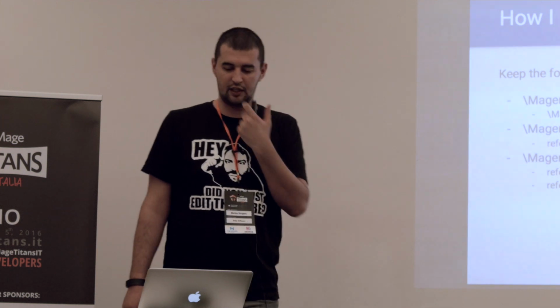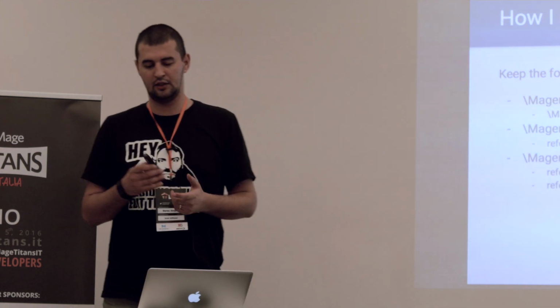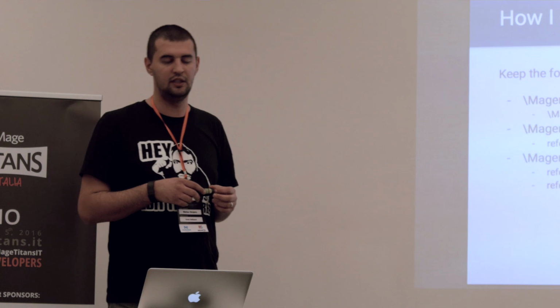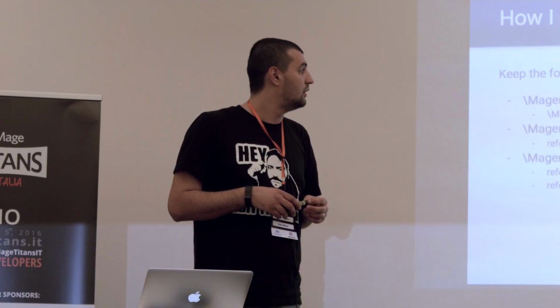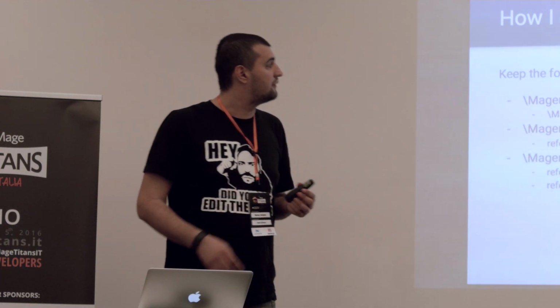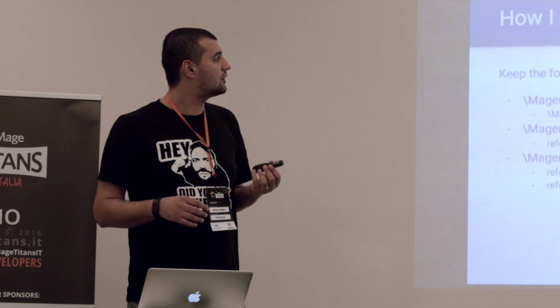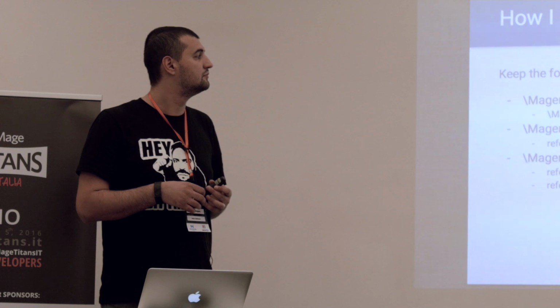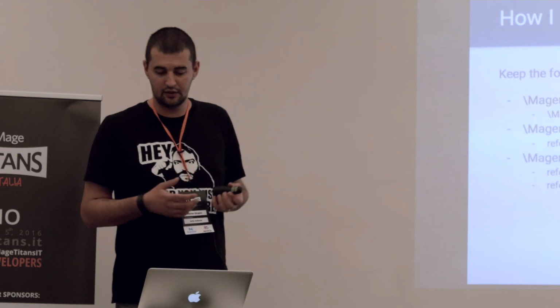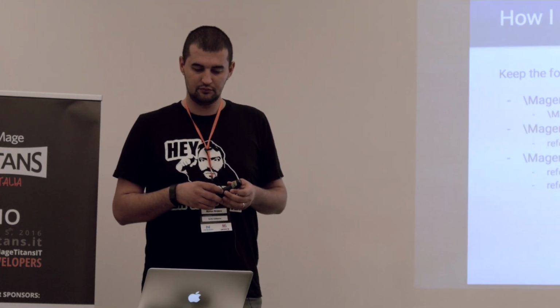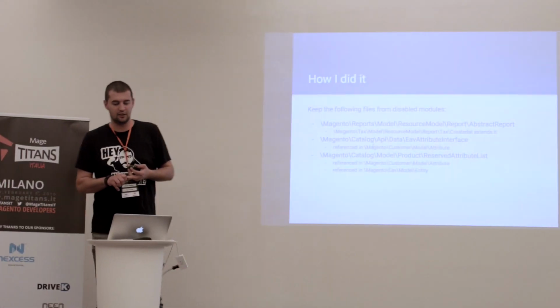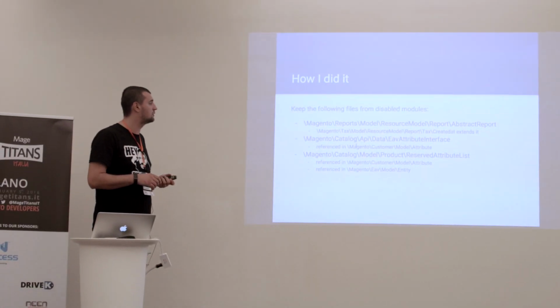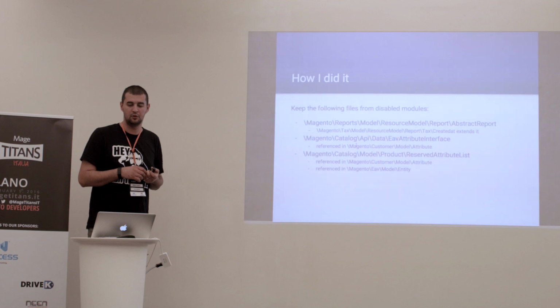And the second problem I had, that there are some classes that needed to be there. There are 3 of them. The abstract report class, because for some reason the tax report created at extends it. I don't know why. There's an interface that is in the catalog module that is referenced in the customer module.